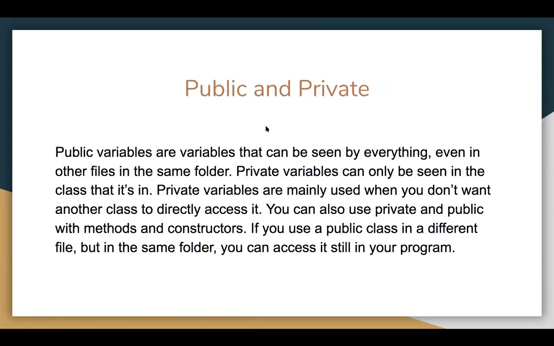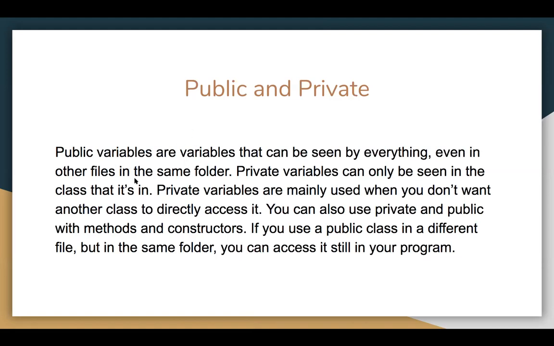Public and private. Public variables are variables that can be seen by everything, even in other files in the same folder. What I mean by the same folder is, if you create a folder on your desktop with multiple files in it, for example 3 files, and you had one public class in each of them, then if you had a public variable in one of them, another file can access that public variable and use what it contains.